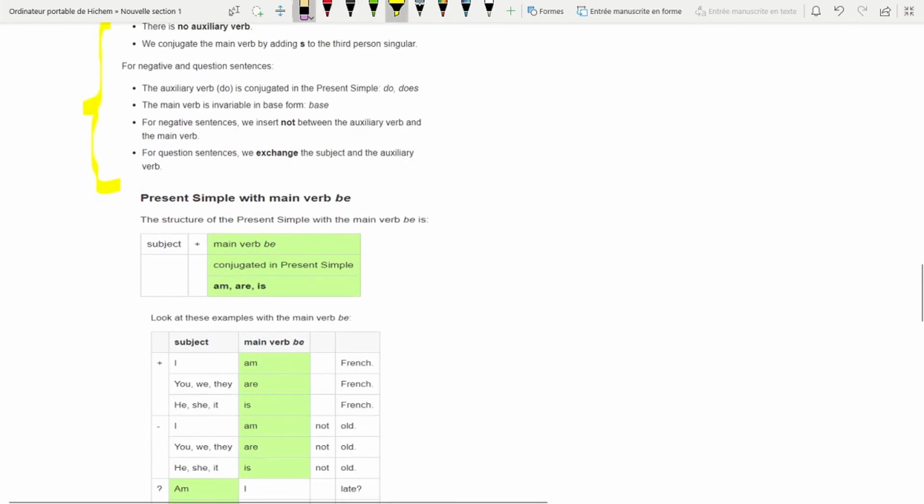Then we shall move to the present simple with the main verb be. Something that you need to know about the auxiliaries to have and to be: they can be lexical verbs, which means they carry meaning. For instance, when you say, I am Algerian, the be here is a lexical verb. But when you say, I am eating, the auxiliary here is helping the main verb, which is to eat.